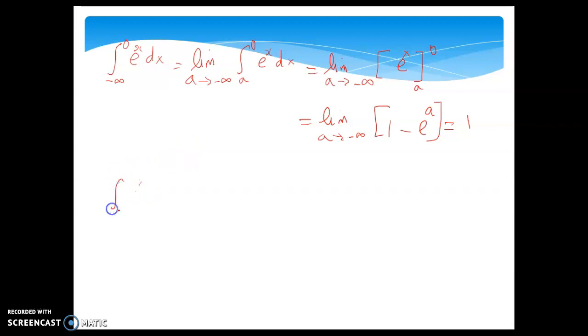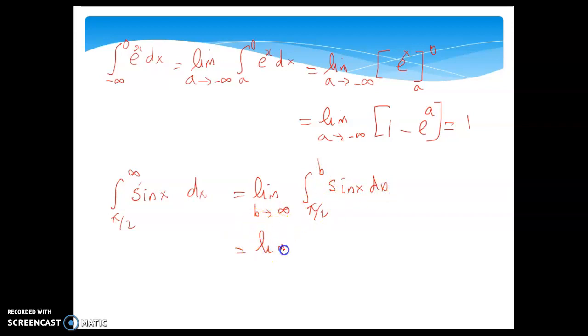Okay, so here we're going to do the third part, pi over 2 up to positive infinity of sine x dx. So at this point we're going to say limit as b goes to positive infinity of the integral from pi over 2 to b of sine x dx.